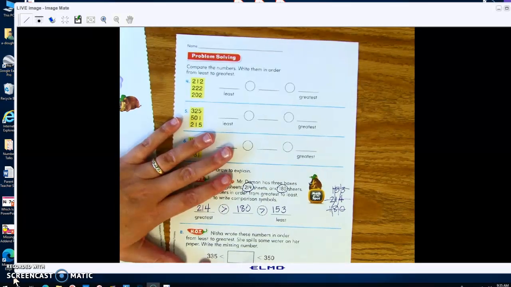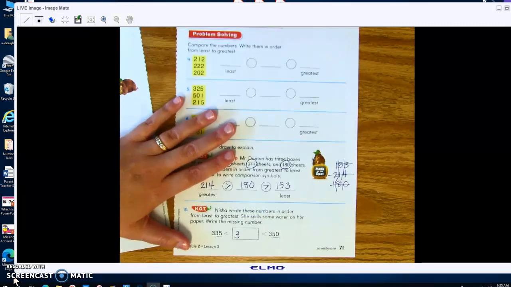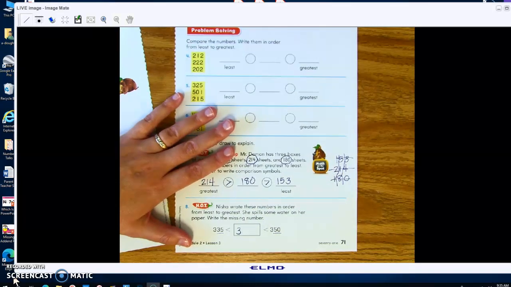It's got to start with 3, right? Because these two numbers start with 3. So it has to be 300. Now it has to be bigger than 335, and it has to be smaller than 350. So your 10s and 1s have to be bigger than 35, but smaller than 50. It's going to be a 300 number. What are your other two numbers?